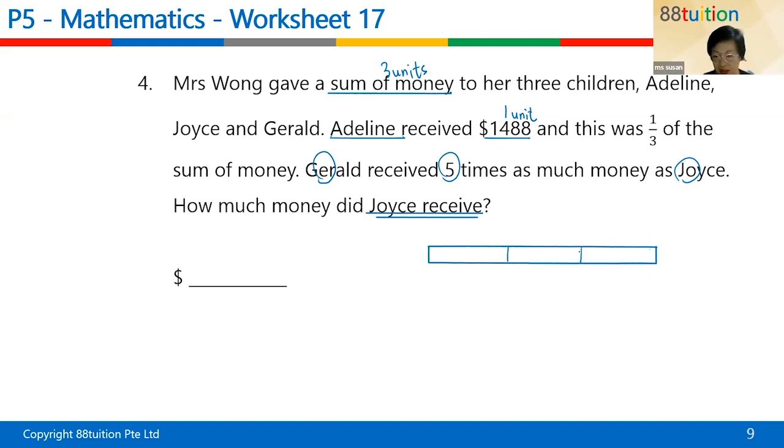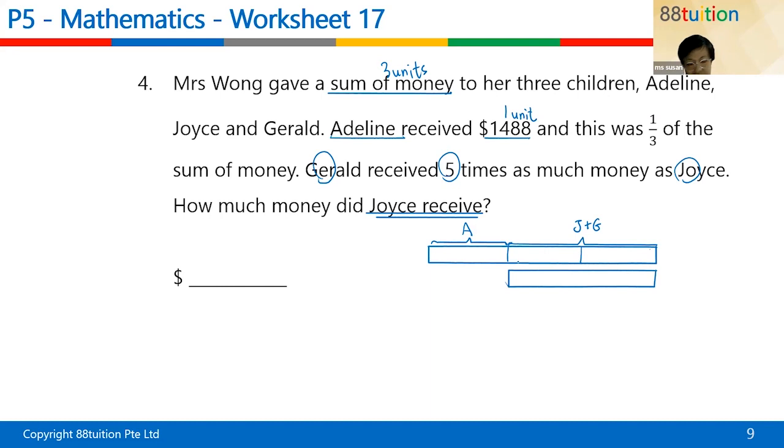So this one will be for A. This is for J plus G. Okay, so I'm going to pull down the J plus G because this is meant to be shared by the 2 girls here.